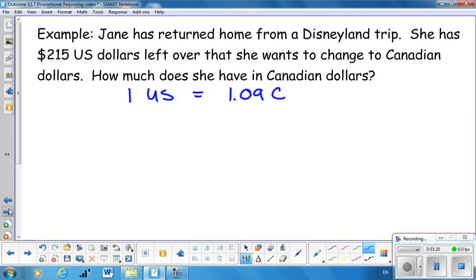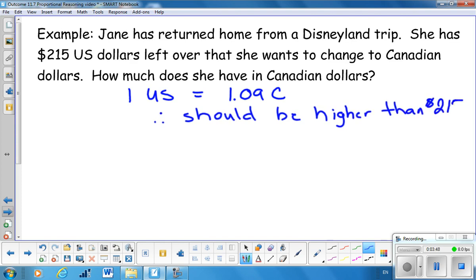Because we're changing into Canadian dollars, our answer should be higher than the 215 that we started with. Let's check and see.